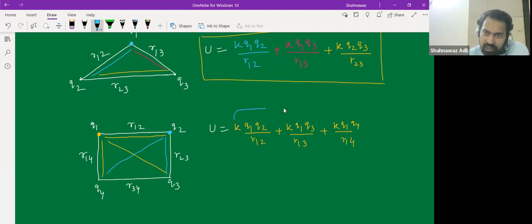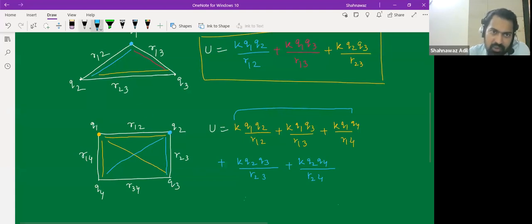Okay. So this is first. Let me write it. The other two. So this is KQ2Q3 by R23 and plus KQ2Q4 divided by, let's say, R. So this is for this Q2 one.